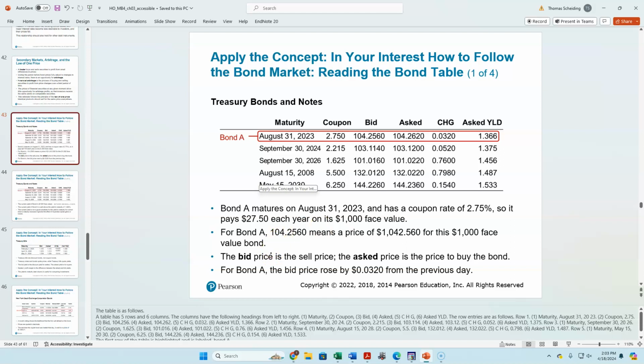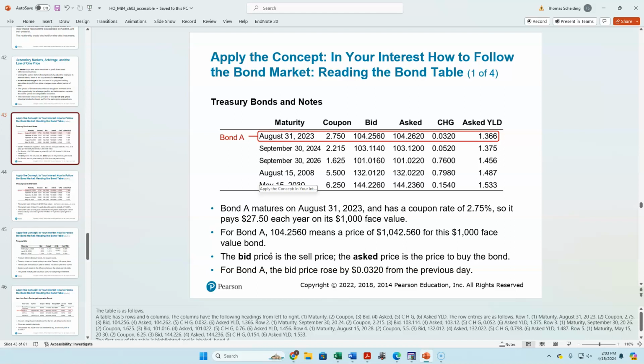it's going to go out on an auction, right? And in the previous lecture, we looked at Treasury Direct, which essentially is an auction, and we get a bid price and an ask price. The bid price would be the price that people indicate they're willing to sell the bond for, which in this case is 104.25.